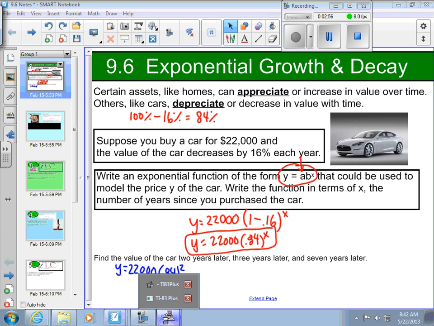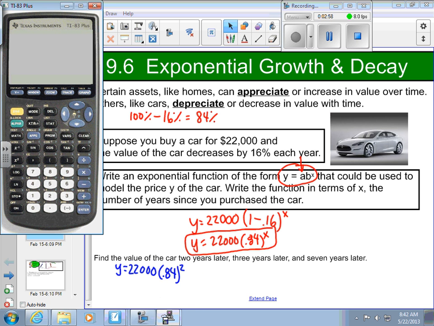So if we put this information into the calculator, we have 22,000 times 0.84 to the power of 2. And if we enter it, we get the value of the car to be about $15,523.